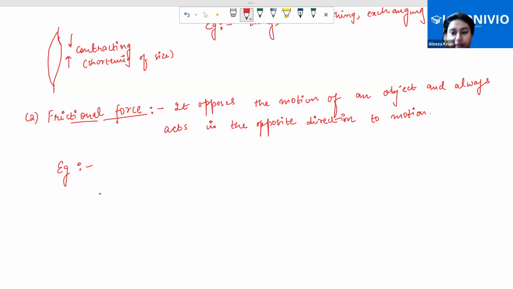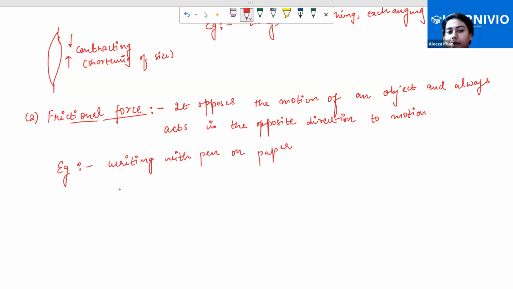Yes. That's why you are able to write. Otherwise, if there were a smooth surface, you wouldn't be able to write. So one such example is writing with a pen on paper.